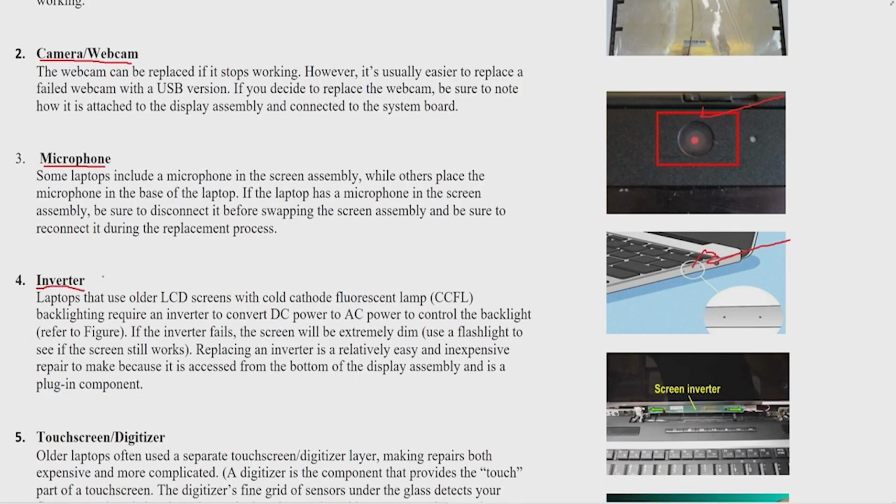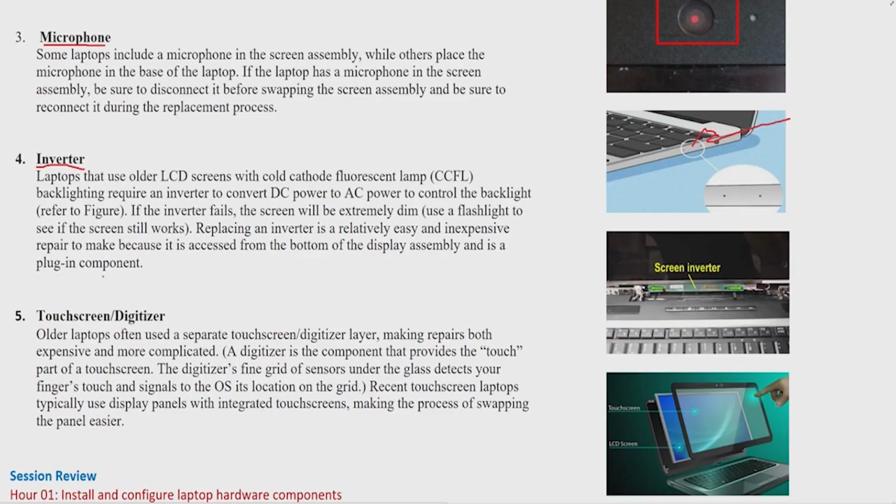Now the important thing is the inverter. What is the inverter? That one is the inverter, which I told you. This panel is called the inverter. You have heard that when the power supply is gone, we use an inverter as a backup battery. For example, when we unplug this laptop, there is no power going to the laptop. So that panel is saving the electricity inside to give power to the display.